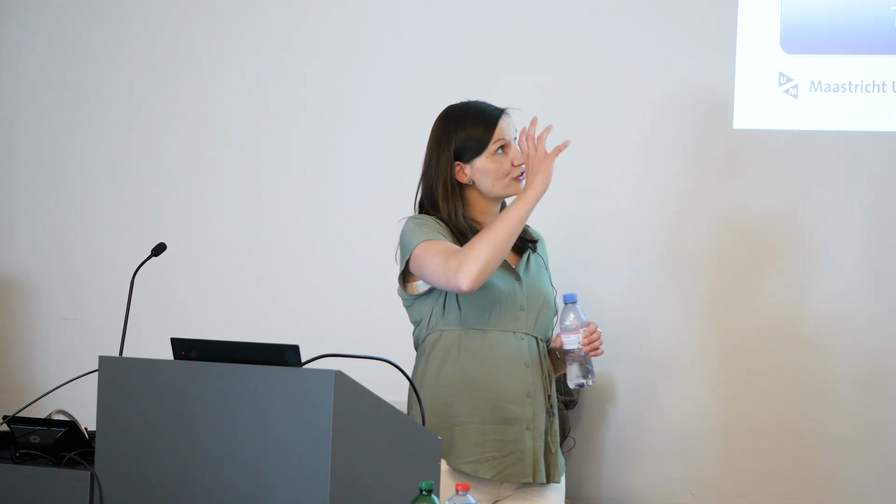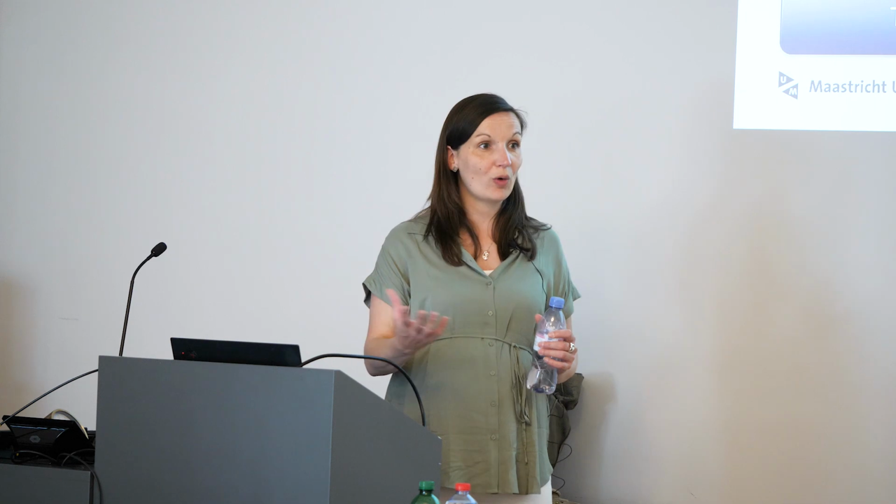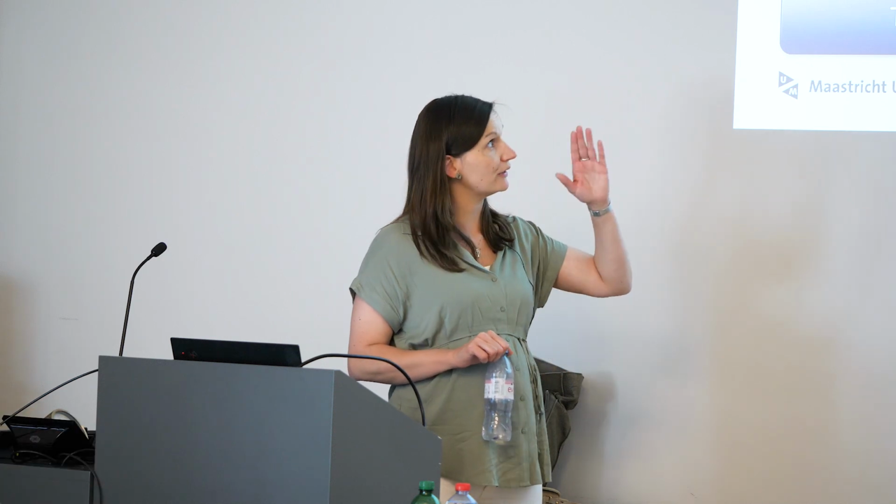So to start with the roots of the tree, why would we even want to move towards more open science? If we look at the definitions of open science of UNESCO and the national program Open Science, the Dutch national program, then we can distill 2 core values from that.